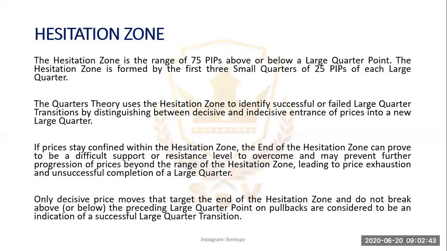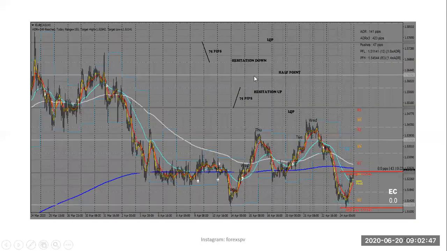In the charts, hesitation zones are marked with dotted lines. So we have a large quarter point here, 75 pips down is the hesitation down. We have a large quarter point here, 75 pips above it is the hesitation up.